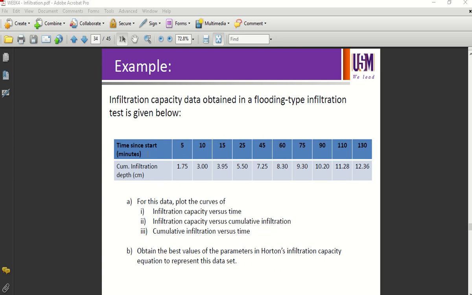From this data you are required to plot infiltration capacity versus time, infiltration capacity versus cumulative infiltration, and also cumulative infiltration versus time, and then obtain the best values for Horton's infiltration capacity. From this data you can get fc, f0, and kh.